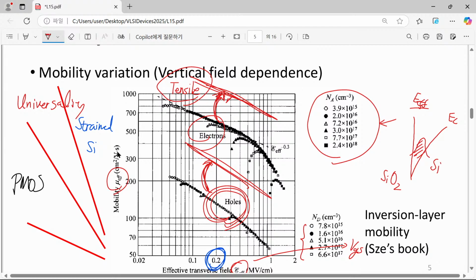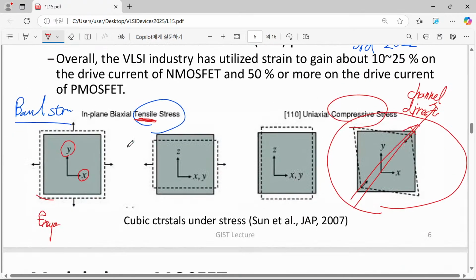So what we do is locally, when we try to make an NMOSFET, we apply uniaxial, not biaxial, tensile stress to our NMOSFET. At the same time, for PMOSFET, we apply uniaxial compressive stress. So how can you do that?